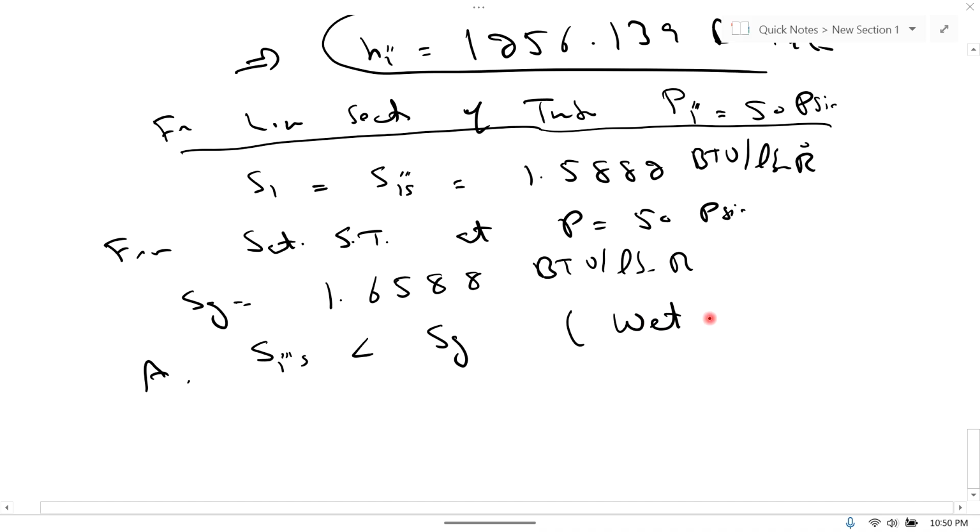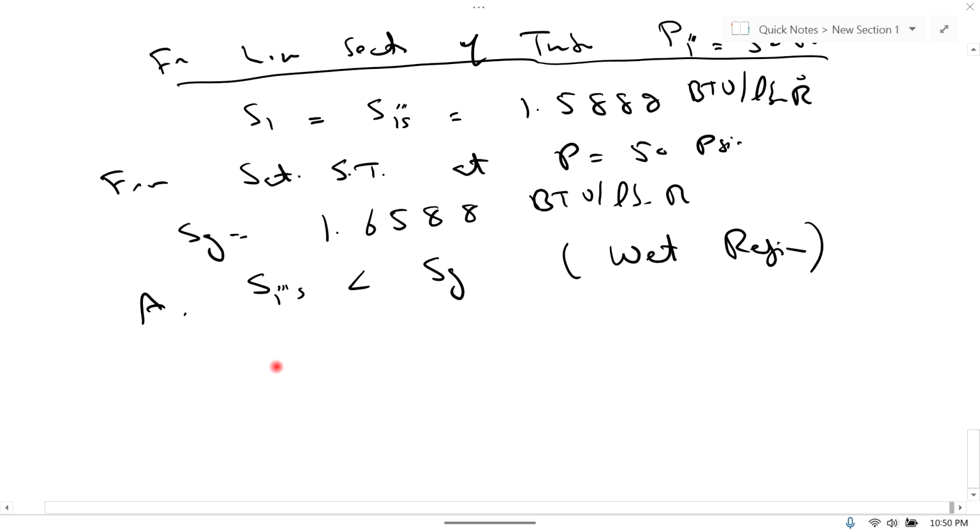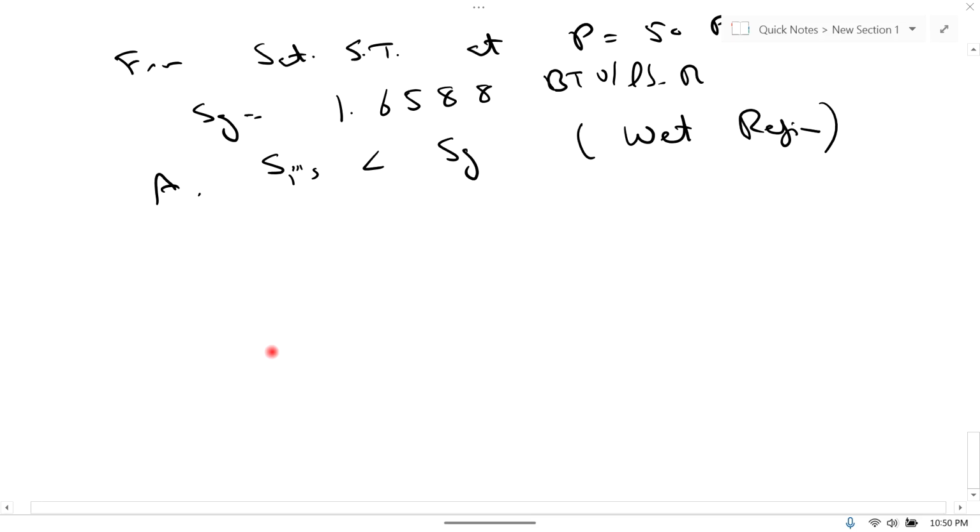The wet region is a mixture of liquid plus vapor between the saturated liquid line and the saturated vapor line. So we will use the saturated steam table.